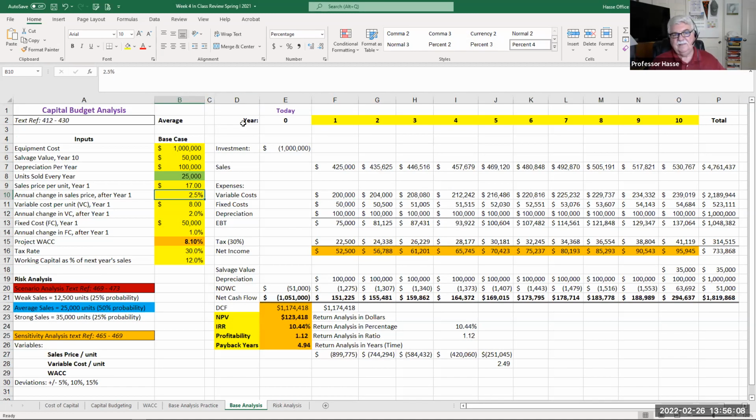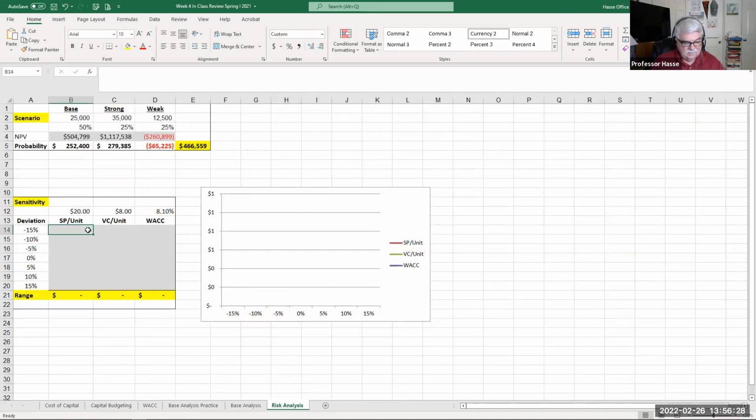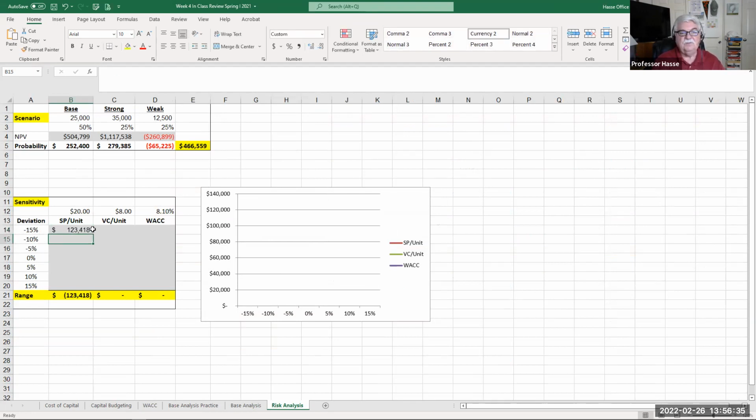If I reduce my selling price to $17 a unit, which is a 15% reduction, my NPV now is only $123,418. So I put that into my little table here I'm creating. That's the net present value of a 15% reduction in the selling price.